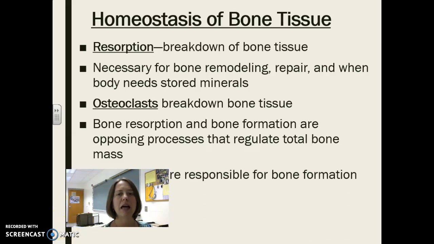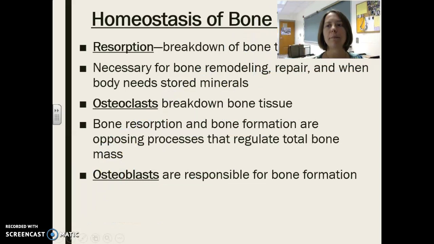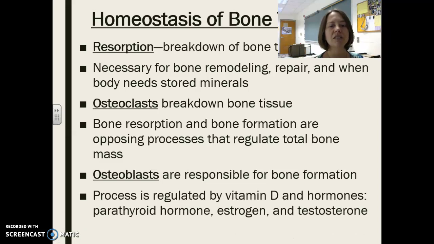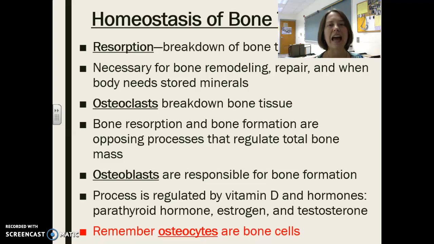So osteoblasts are your bone builders, and they are responsible for bone formation. And that process is regulated by vitamin D and hormones, the hormone parathyroid hormone, estrogen hormone, and testosterone hormone. And just remember, there are three words here: osteoclasts crash the bone down, they break down the bone.